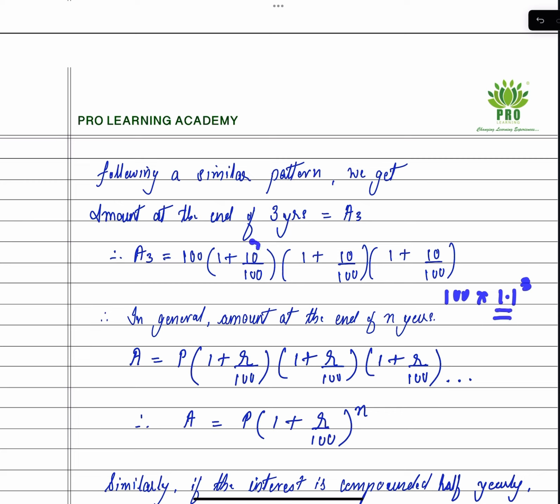If we were to replace 10%, which was our original rate of interest, my amount will look like the original P times 1 plus R over 100 times the same figure here. The three dots indicate that this could go on and on for n number of years.